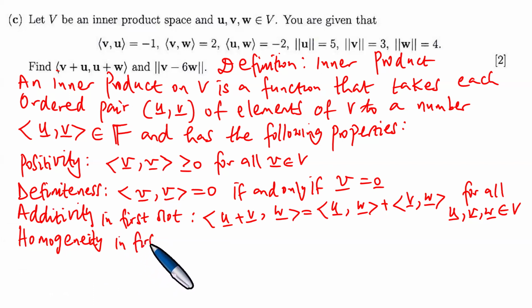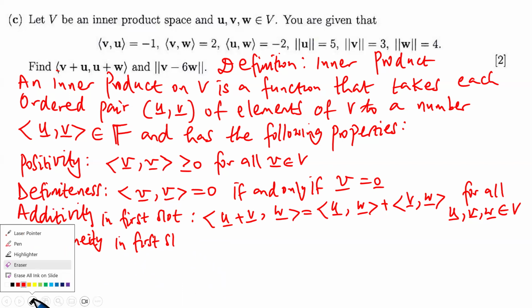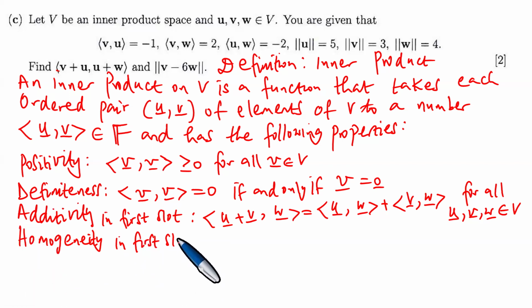The way I'm looking at things here, these are the properties for complex vector spaces, but then the real case follows from this.